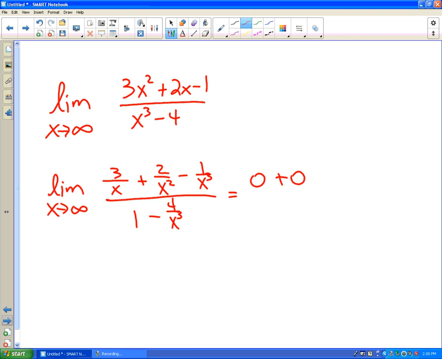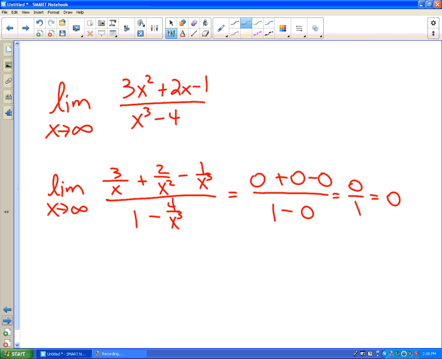As x gets larger, what happens to 1 over x cubed? It approaches 0. What does 1 approach as x gets larger? 1. 1 doesn't care what x is. It's going to stay 1. What's 4 over x cubed going to approach as x gets bigger? 0. If I simplify all this out, I have 0 over 1, also known as 0.